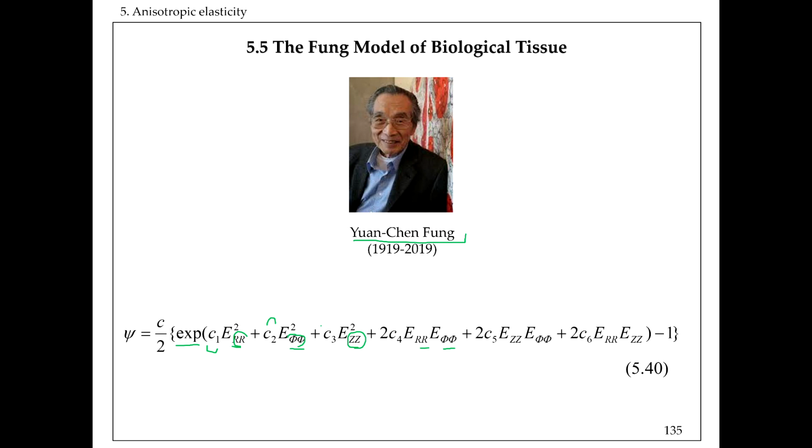So in a way, this would be a purely phenomenological model, while the previous one, although also a phenomenological model, builds somehow on the microstructure through the so-called structure tensor, which comes from the microstructure.